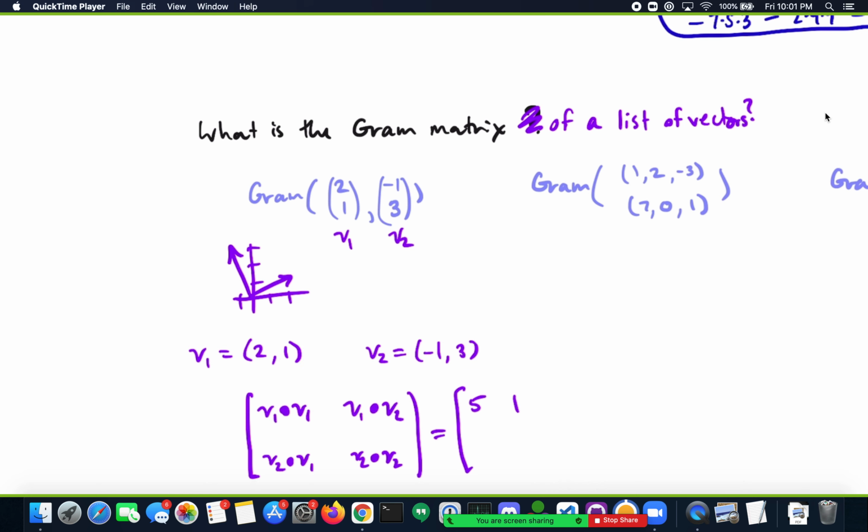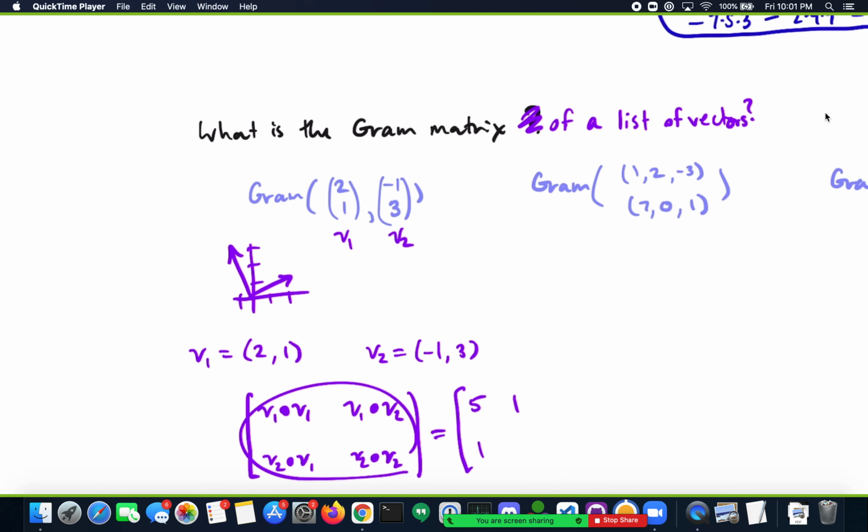That's why I get negative 2 plus 3. And you see that it doesn't matter if we flip the names of the vectors. v2 dot v1 is the same as v1 dot v2, just by its definition. So this is also a 1.